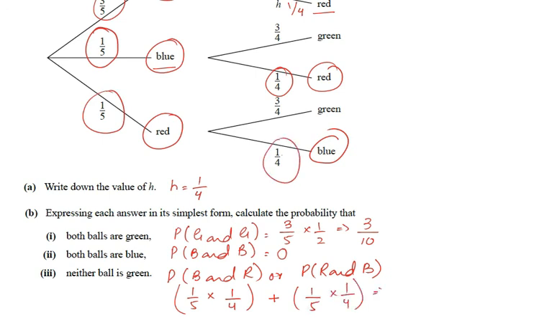Now if we simplify, 1 upon 20 plus again 1 upon 20. So if we take an LCM and simplify, it will be 2 upon 20, which is 1 upon 10.